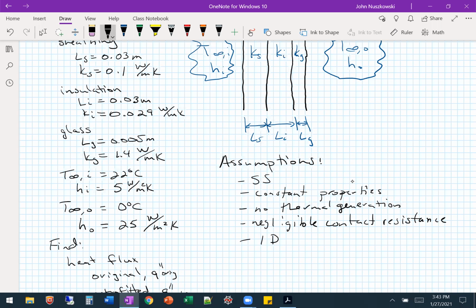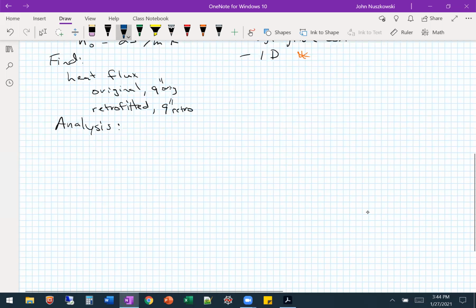Thermal circuit. Yeah, so we start off knowing we can do these things right here, right? Then we can draw a thermal circuit. Okay, that simplifies the question. So we start there then.